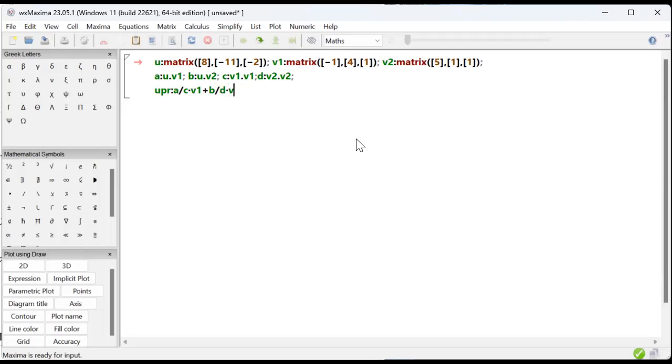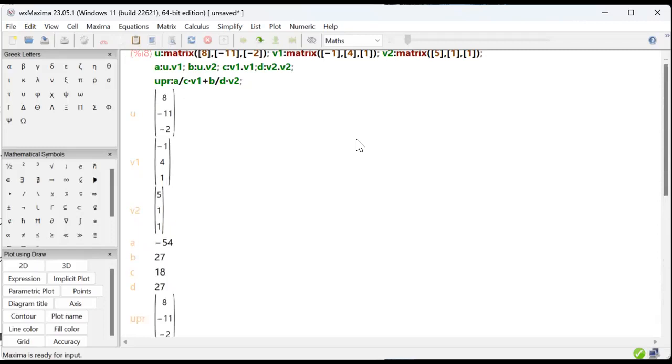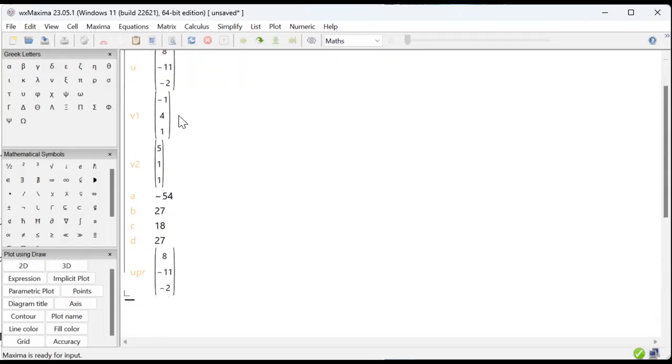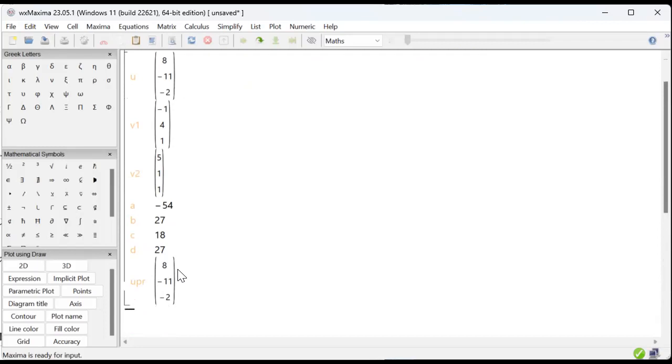Okay, so this is going to be our UPR. We'll go ahead and hit enter, and you might notice something kind of interesting happens. It looks like U, 8, -11, and -2 is the same thing as UPR.